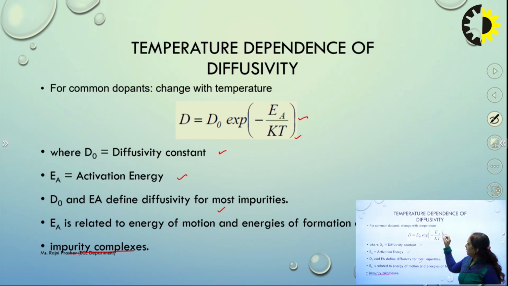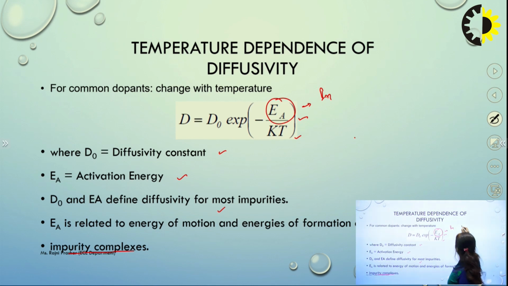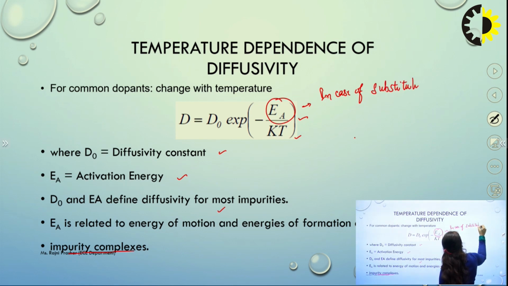So this activation energy EA, in the case of substitutional diffusion, where the dopant has to find vacancies, is more, right?